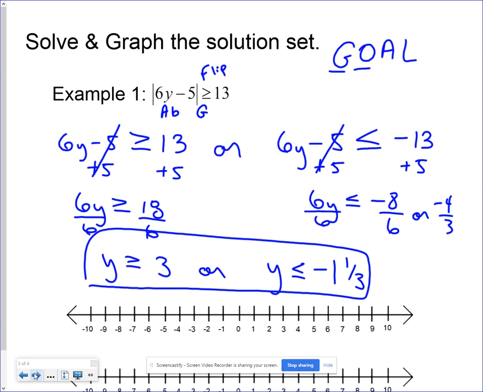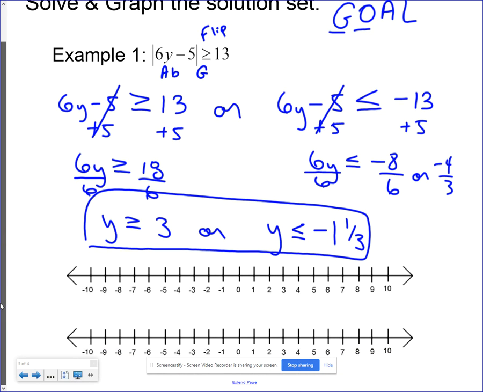Now we want to graph it. So remember, when you're graphing the or ones, you got to draw one graph that has all the solutions to your first statement, and then another graph that has all the solutions to your second statement. So let's do this first one in green.